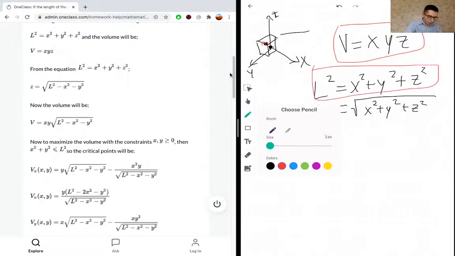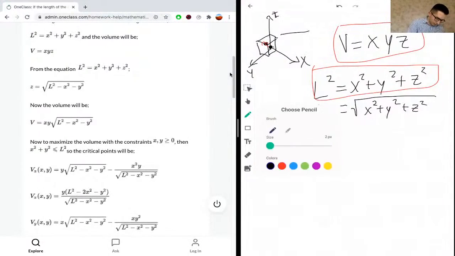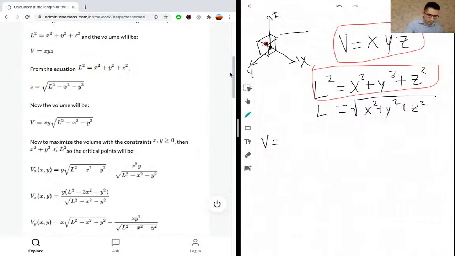So we want to substitute them into each other to find an equation that has all the variables in one equation. So volume is equal to, and we're going to use this equation to find what z is.